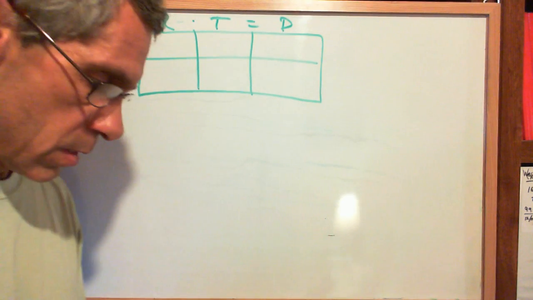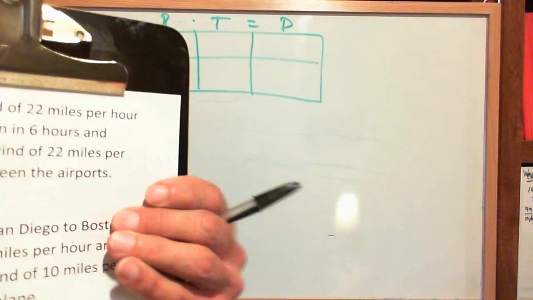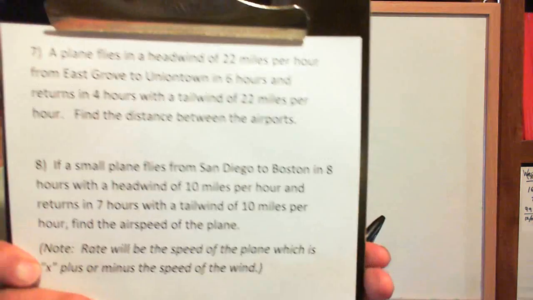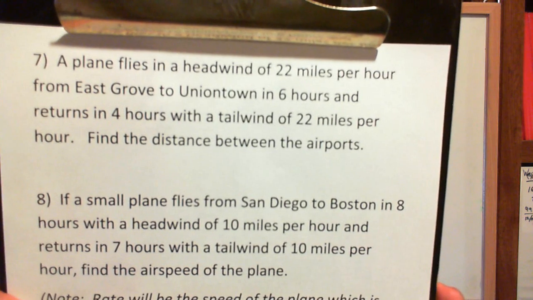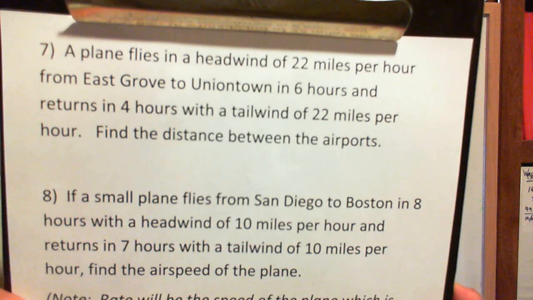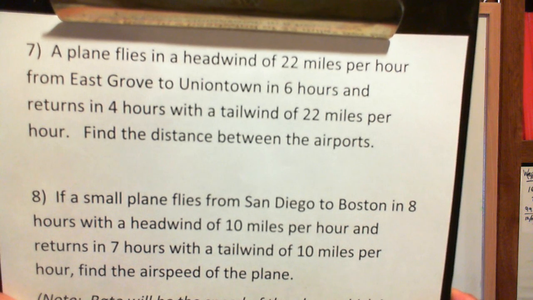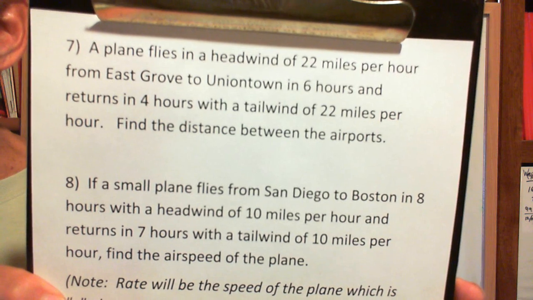Okay, so number 7. Here we go. A plane flies in a headwind of 22 miles per hour from East Grove to Uniontown in 6 hours and returns in 4 hours with a tailwind of 22 miles per hour.